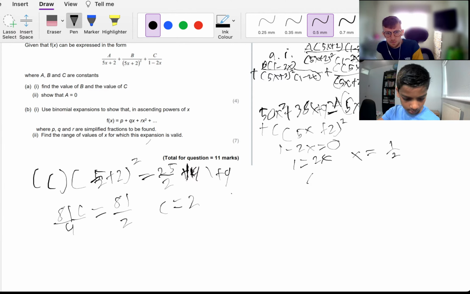And then we can work out b by just subbing in minus 2/5. If you sub minus 2/5 into the left hand side, the 50x squared plus 38x plus 9, I'll sub it into the right hand side.